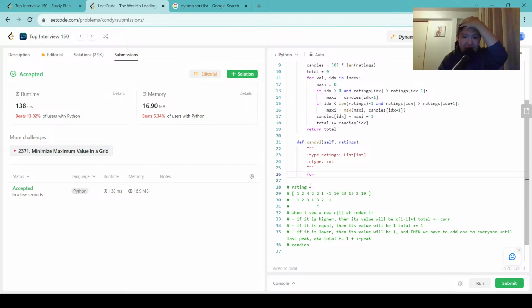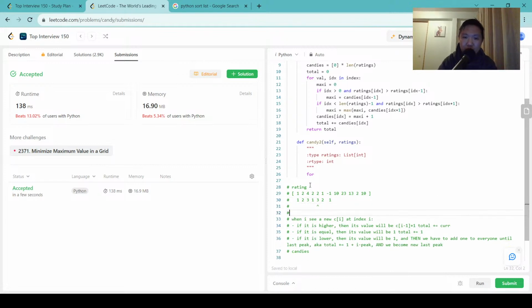If the next number is lower, then we are the new last peak. We become the new last peak.